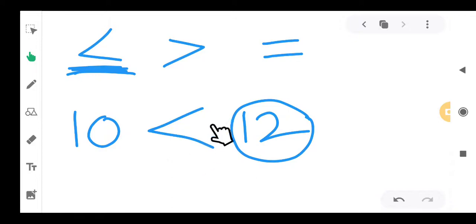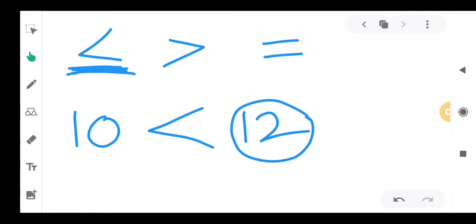By this symbol we are knowing that this 12 is bigger than 10. So this symbol we have to read as less than. So how do you remember that this symbol is less than?